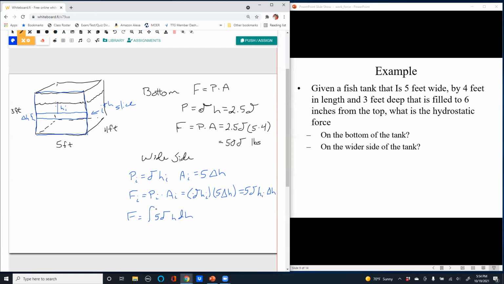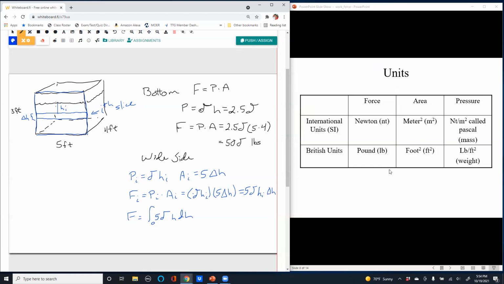Last thing we need are the limits on H. Now, at the very top of the water, H is equal to 0. Now at the bottom, it's at 2.5 feet. And something to remember, and this will come up in some of the homework problems: be consistent with your units. We want to be in feet.